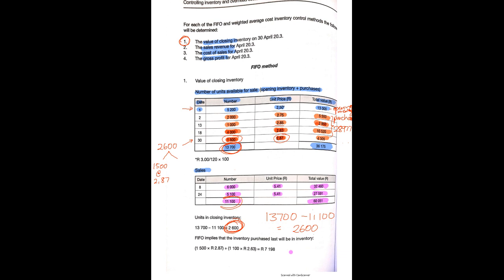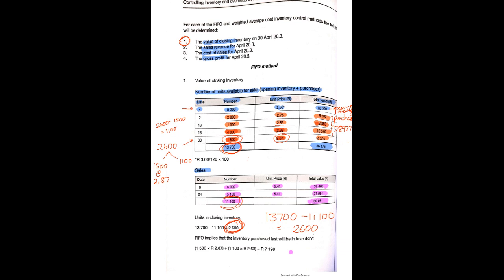So from the 2,600, we already accounted for 1,500, but that still leaves us with 1,100 that we need to account for.